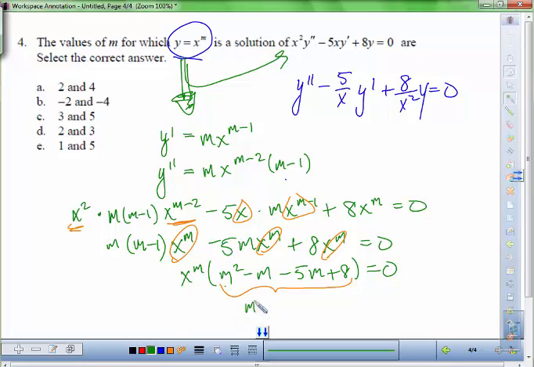I remember going over trivial solutions in algebra, so I don't remember. A trivial solution is just y is equal to 0. And when your differential equation is equal to 0, then 0 will always be a solution.